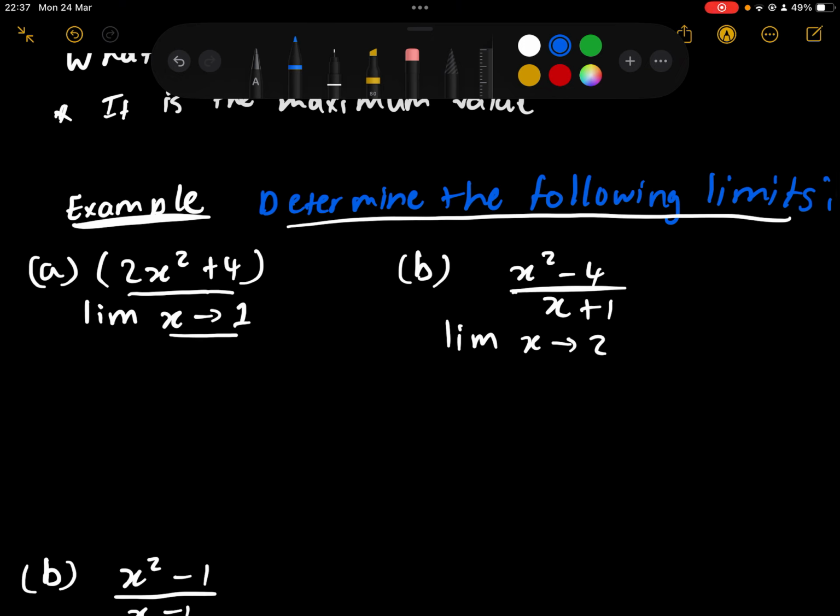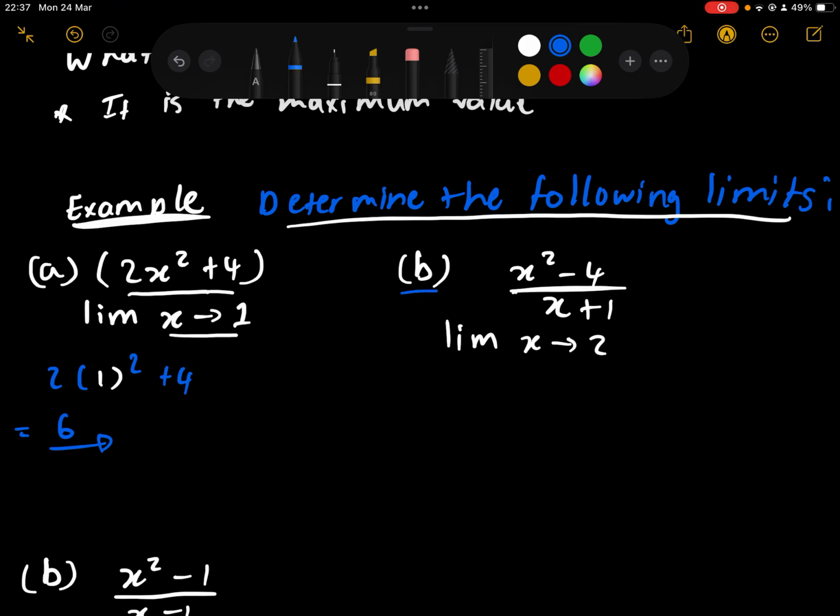That is gonna be 2 times 1 squared plus 4. So 2 times 1 is 2, plus 4, that is 6. So this was gonna be your answer. Simple.